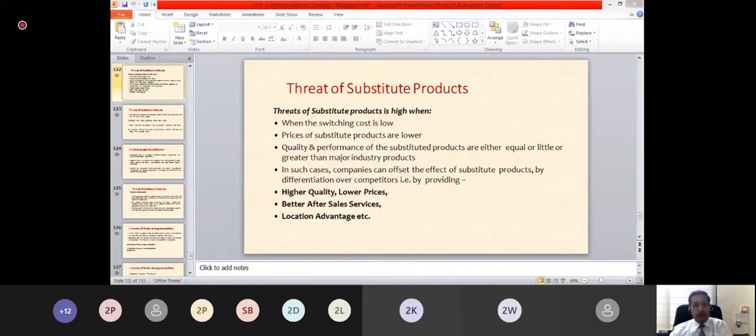That advantage can be created so that we can differentiate our product or service or whatever offering is there from other competitors. Only if we can differentiate our product from competitors, then only can we charge high prices and attract customers towards our product.